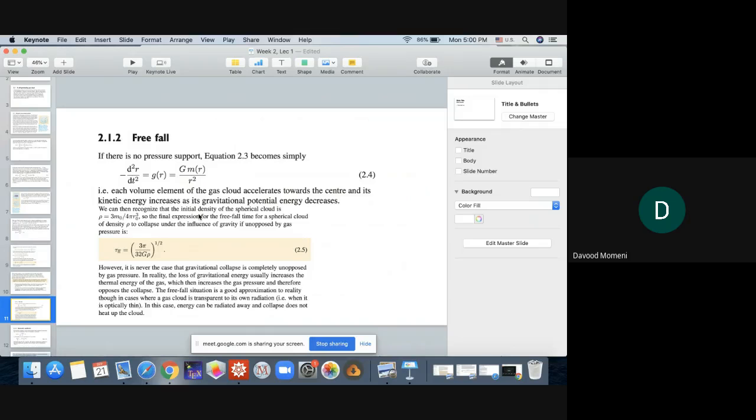It is possible, as you can find in the textbook, that if you suppose the density of matter doesn't change very much, then you can integrate this equation and find what is called the free fall time, the time you need to wait to reach the final stage of the star.